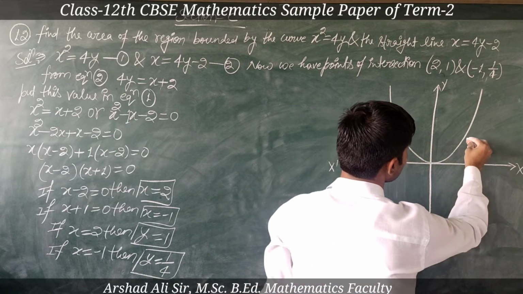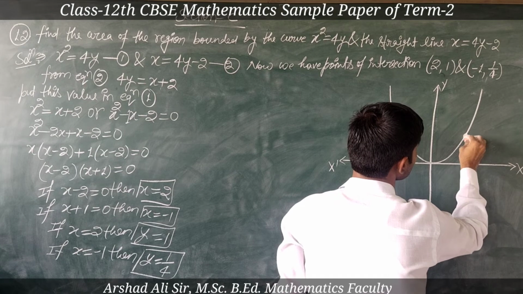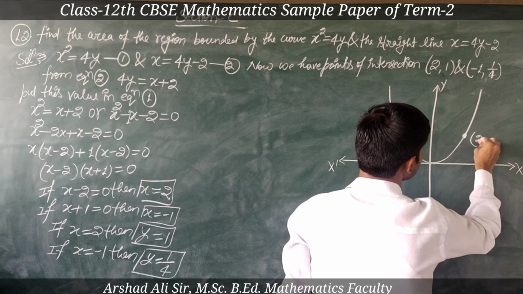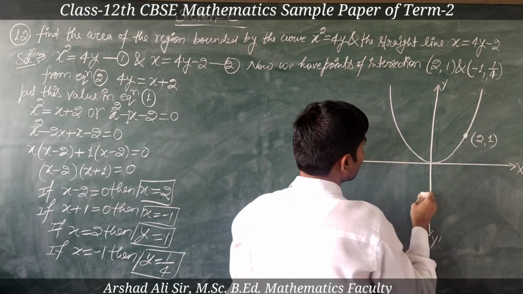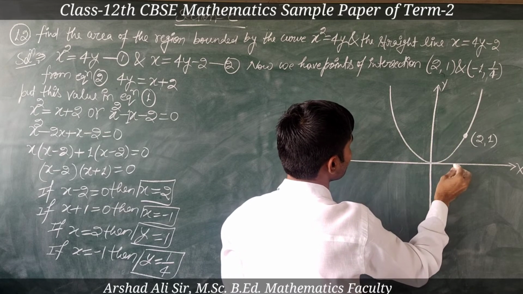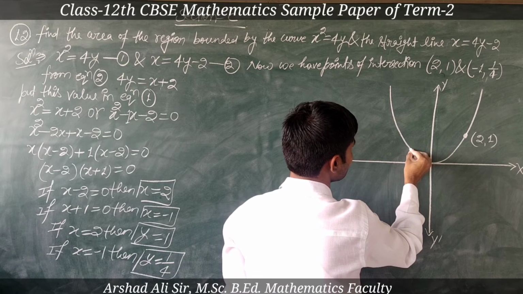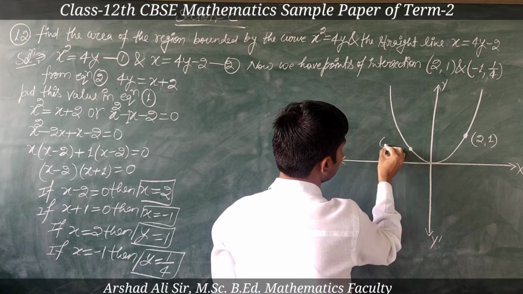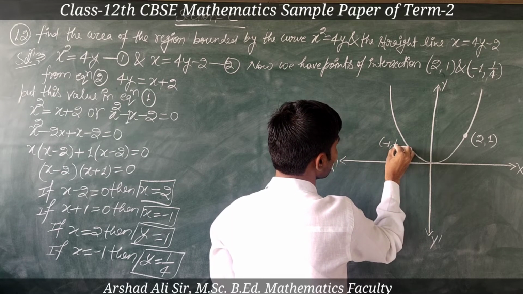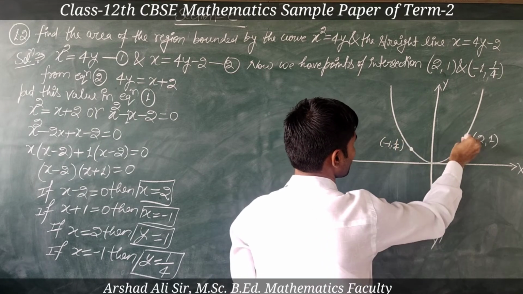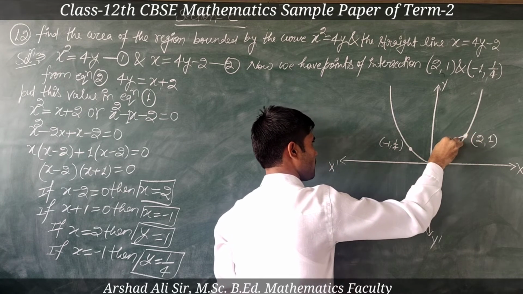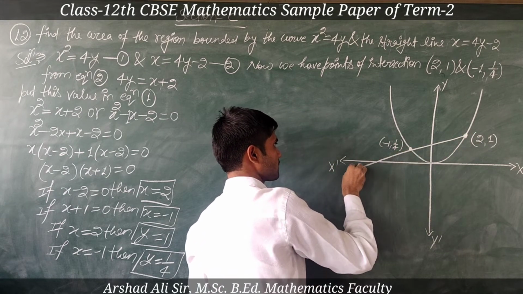So we can plot here. Suppose it is 2 and 1. Okay, and -1 and 1 upon 4. Suppose this one point is -1 and 1 upon 4. Okay, so the line will pass through these 2 points.